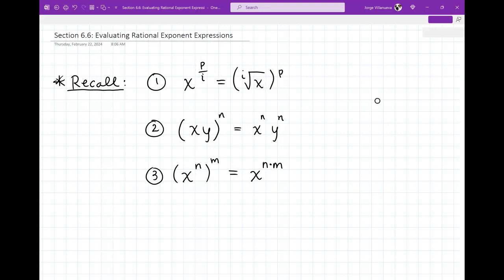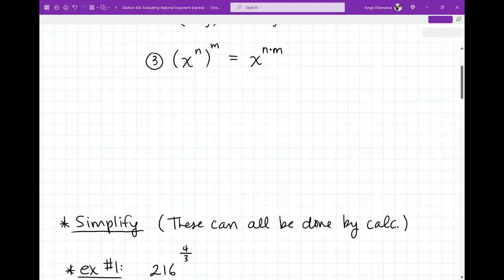So if I had x squared squared, that's 2 times 2. So that's x to the fourth. If I had x cubed to the fourth, that's x to the 12th, because 3 times 4 is 12. Okay, so raising powers to powers, you use a product. You're going to multiply. So, by the way, numbers 2 and 3, these are algebra 1 properties. Okay, so that's math 1. So I just want to remind you.